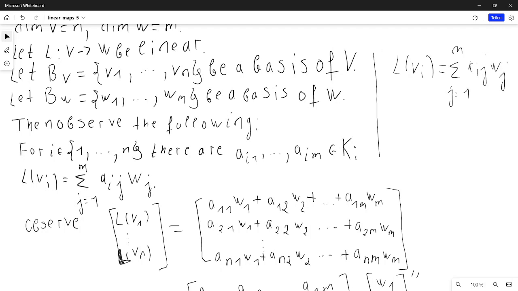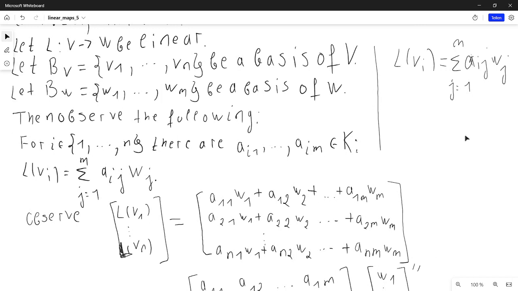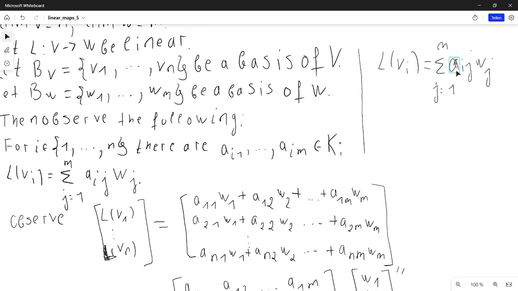Thus far, it works, of course. You see that? It's just what we have trivially. We have just represented this vector, which is an element in W, just like before. We have represented it with respect to the basis BW, right?